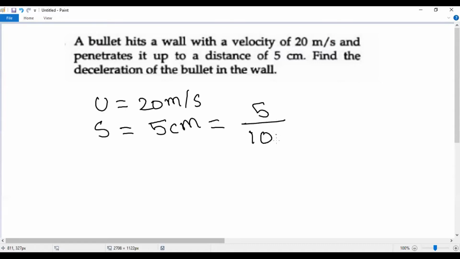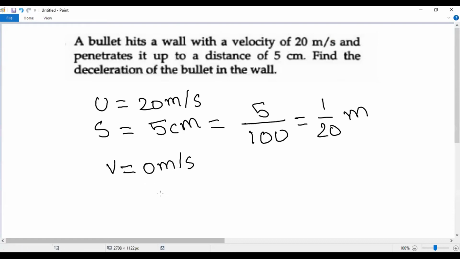So it will be 5 by 100, or we can write 1 by 20 meter. And as the bullet hits the wall with a velocity of 20 meter per second and penetrates it up to a distance of 5 centimeters, after moving 5 centimeters it has stopped. So we can write that v, which is the final velocity, is equal to 0 meter per second. Okay, and find the deceleration of the bullet.